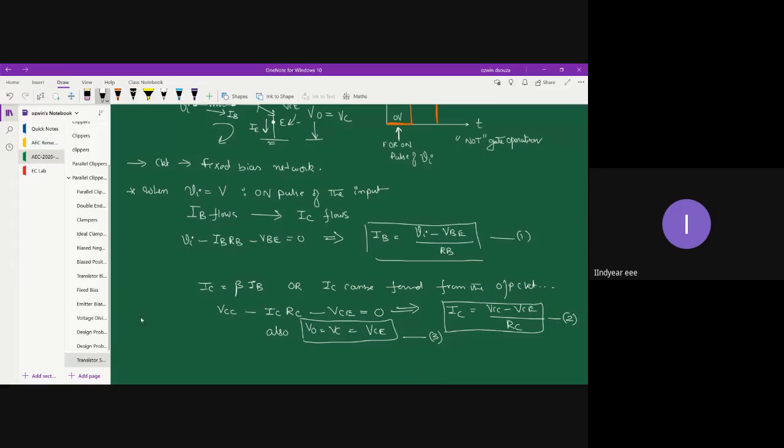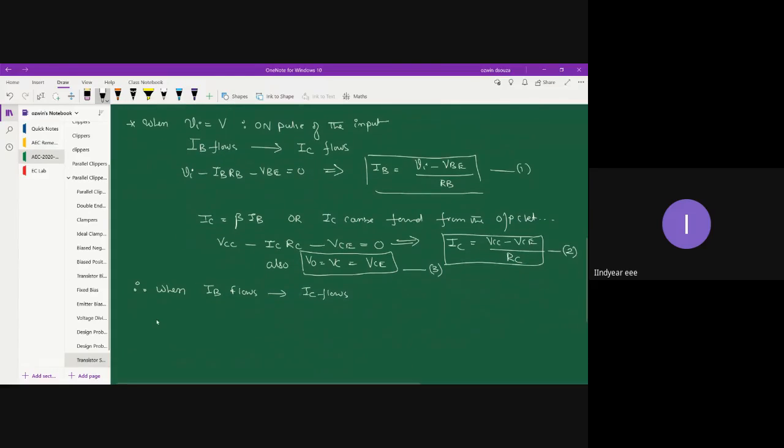Fine. Now, when IB flows, you know that IC flows. In case of transistor switching, RB is selected in such a way that IB is maximum.